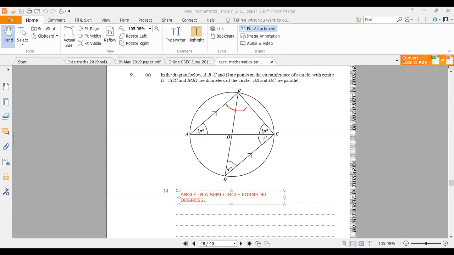Argument done. You've answered the question. Angle in a semicircle forms what? 90 degrees. Any question?